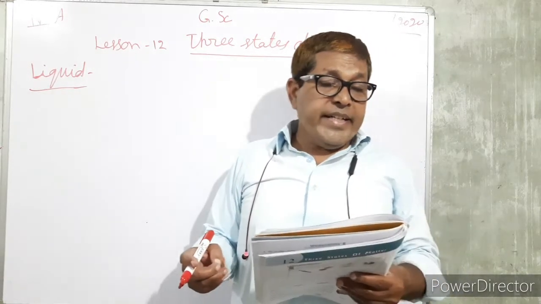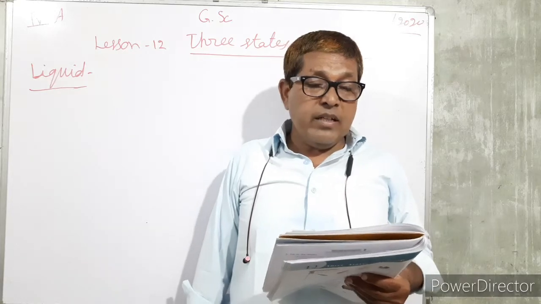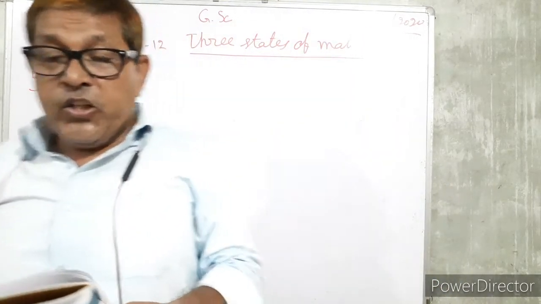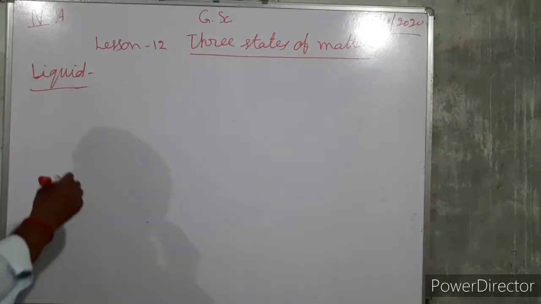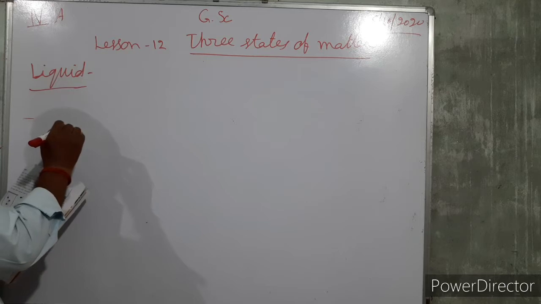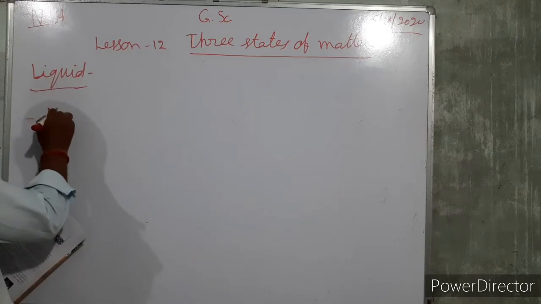Volume means it takes up space. In liquids, the molecules are less closely packed. This is a very important thing. Molecules are less closely packed.